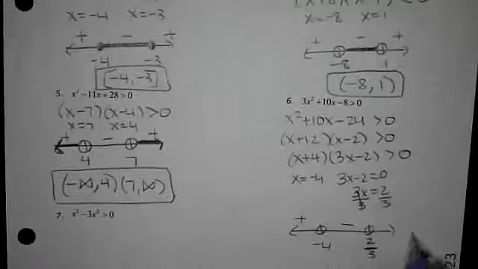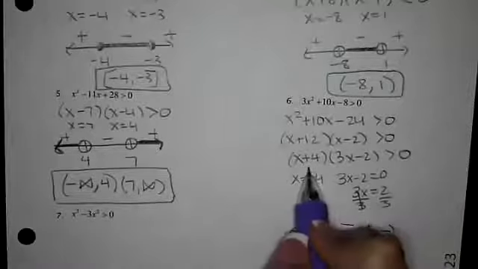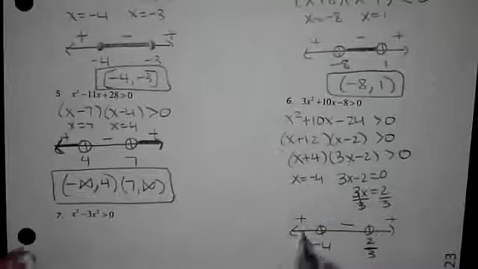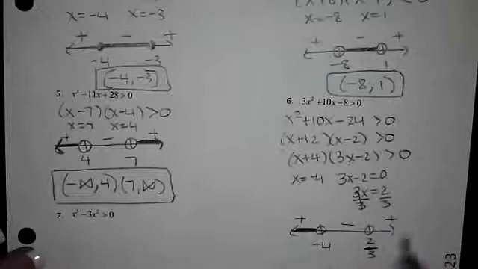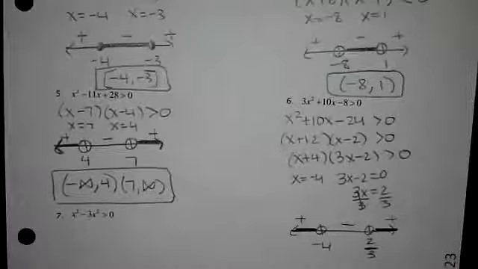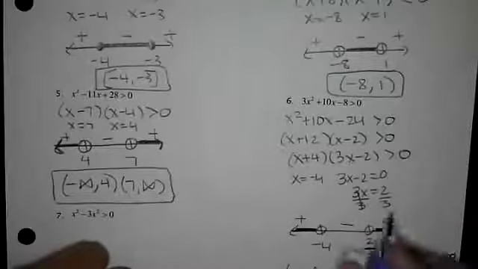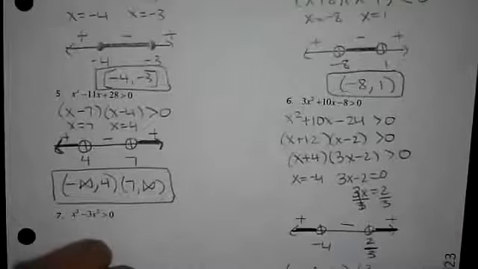And then if I plugged in +10, that would give me a positive and a positive. And so our values that are bigger than 0 occurred on the left and the right. And so our interval would say -infinity to -4, again in parentheses, since they're not closed circles, and then it would pick up at 2/3 and go to infinity.